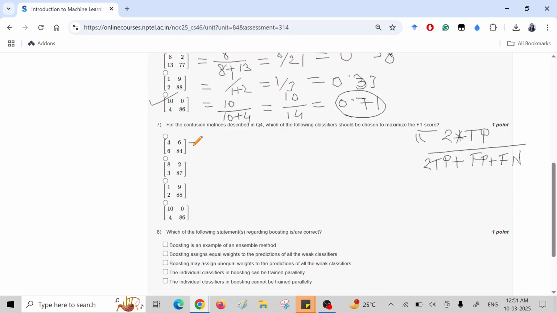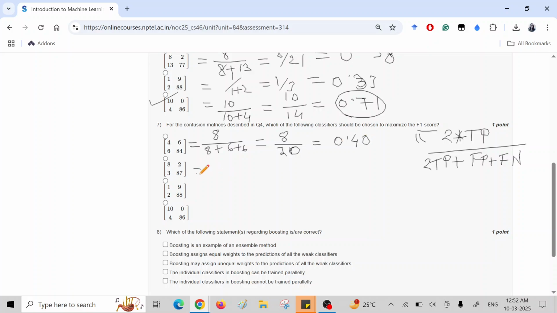So the first one will be twice of true positive, that is 2 into 4, that is 8, upon twice of true positive, that is 8, plus the off-diagonal values 6 plus 6, which is equal to 8 divided by 20, which is equal to 0.40.